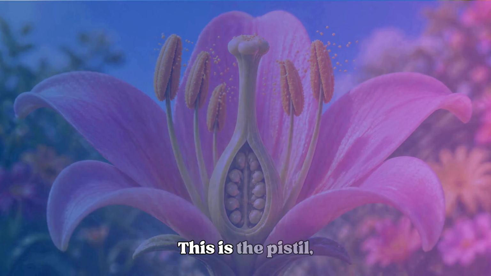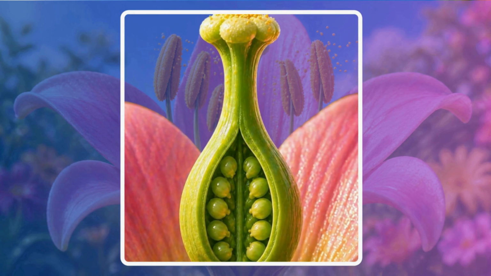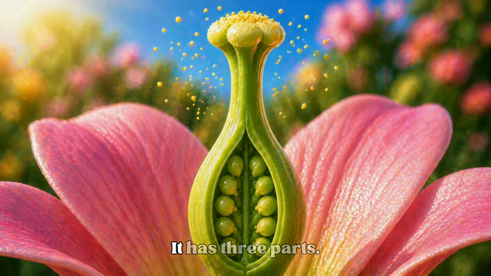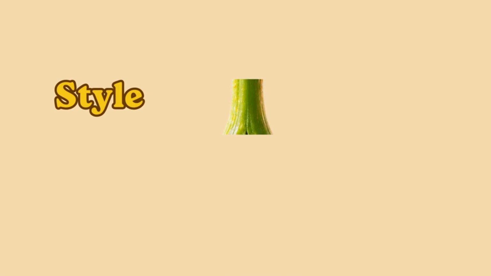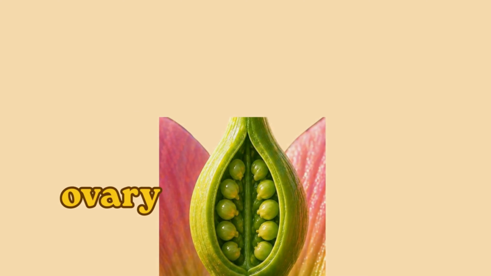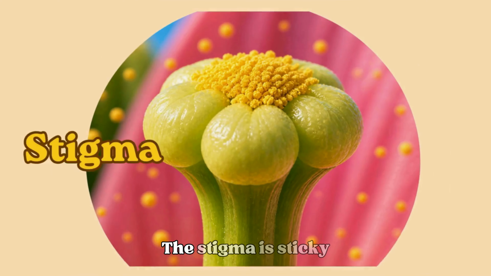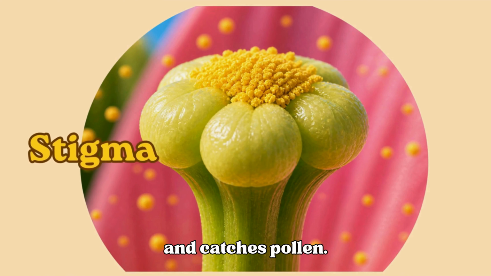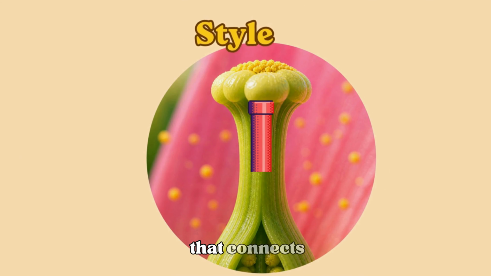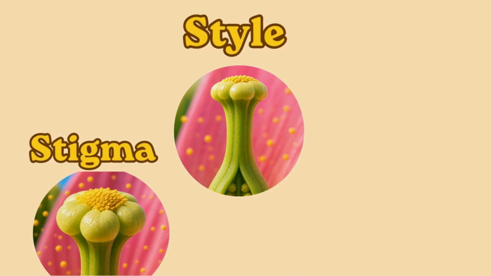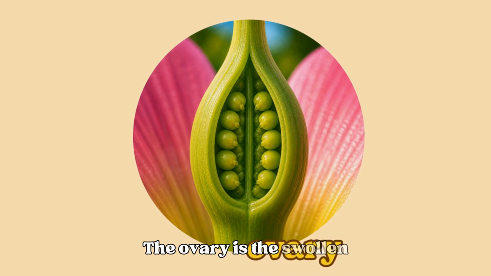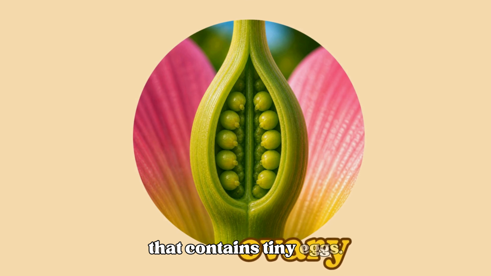Pistil. This is the pistil, the female part. It has three parts: the stigma, style, and ovary. The stigma is sticky and catches pollen. The style is a tube that connects the stigma to the ovary. The ovary is the swollen bottom part that contains tiny eggs.